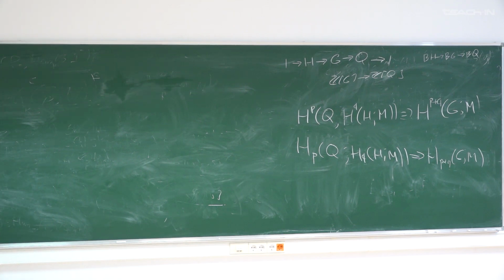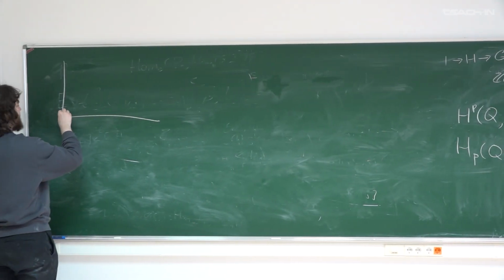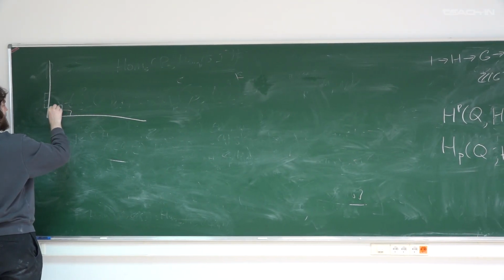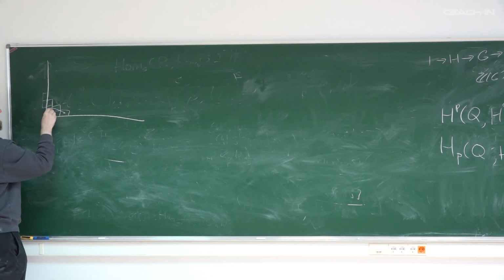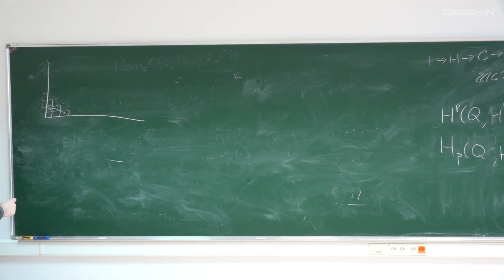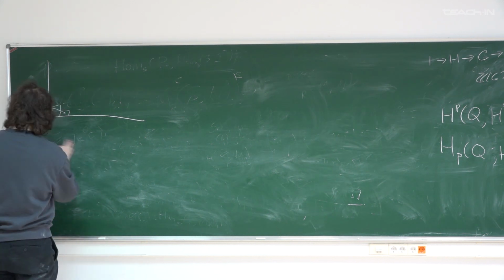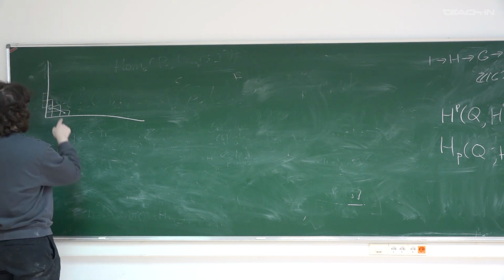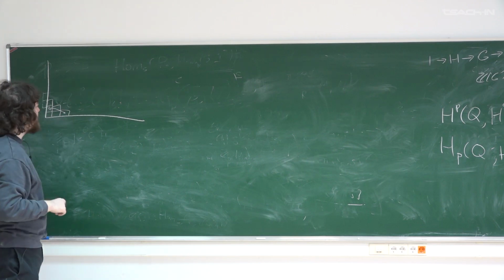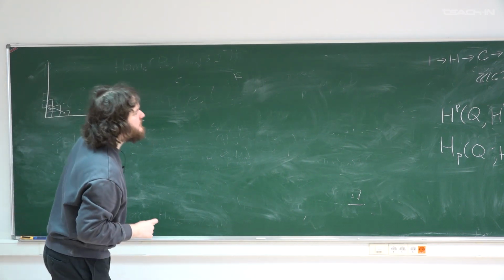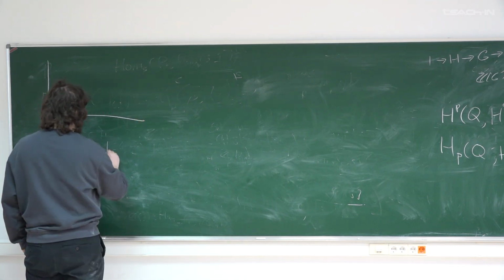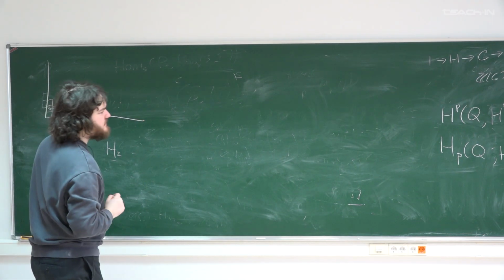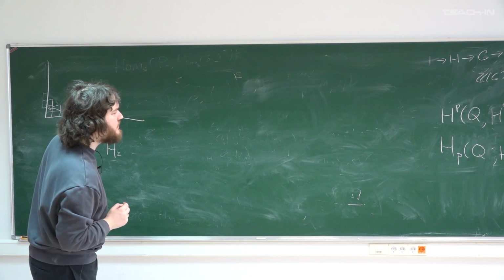If you have a spectral sequence of homological type, I have this differential. So I have this, 2, 0, it's my homology of Q, and the second homology of Q.